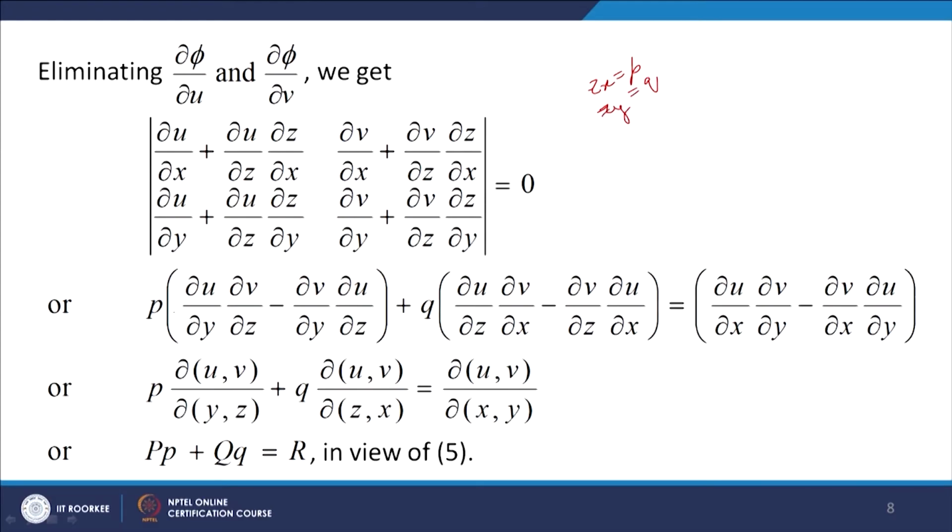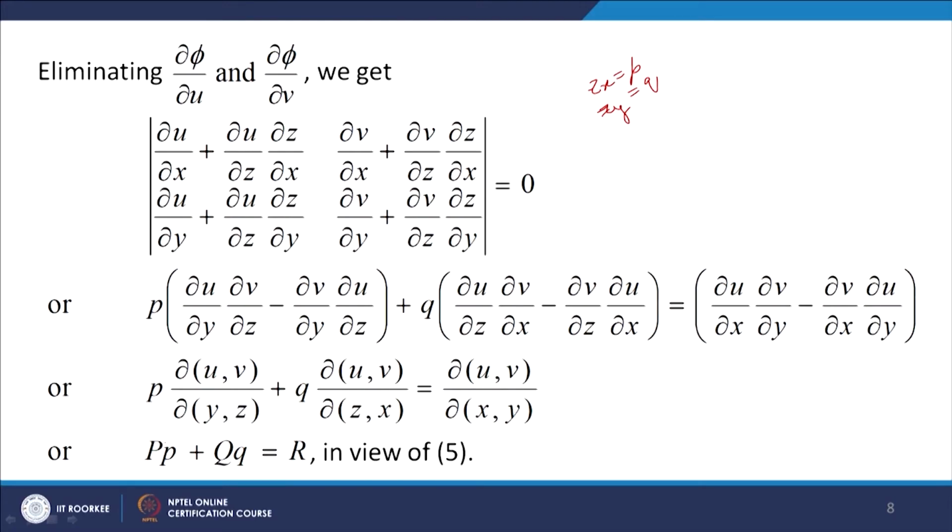and simplify this equation, we get p times (u_y v_z minus v_y u_z) plus q times (u_z v_x minus v_z u_x) equal to (u_x v_y minus v_x u_y), which we can write in the form of Jacobian as p into del(u, v) over del(y, z) plus q del(u, v) over del(z, x) equal to del(u, v) over del(x, y).